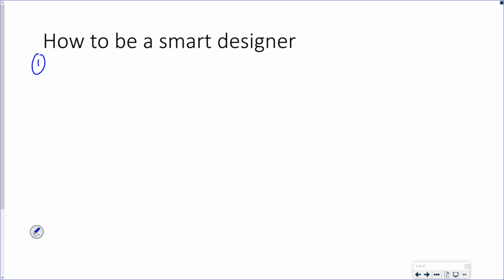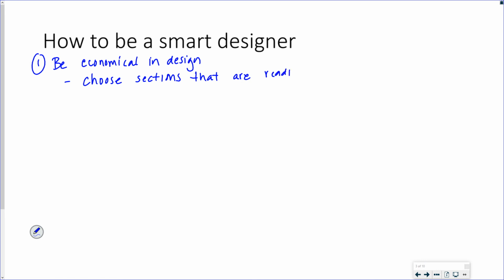If we're talking about cost, choose sections that are readily available and nearby. Don't over design.